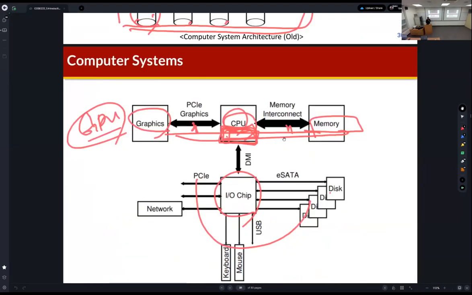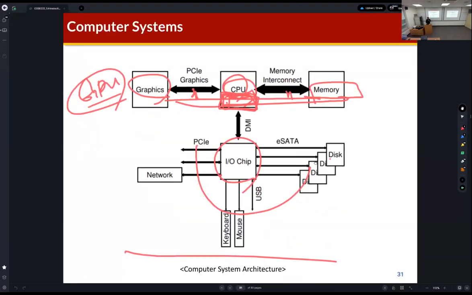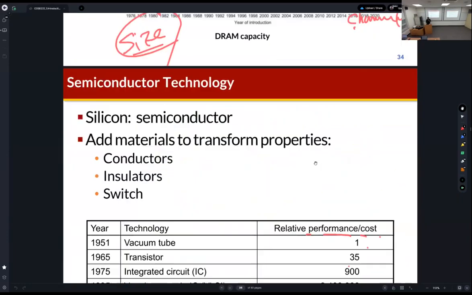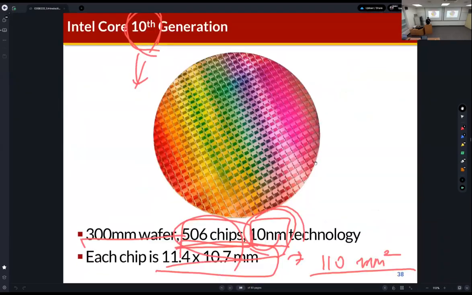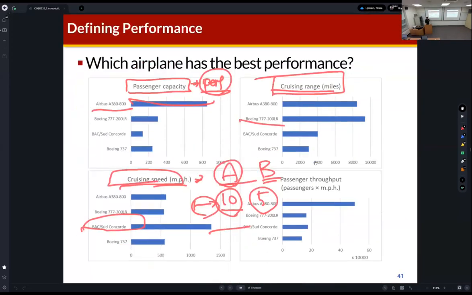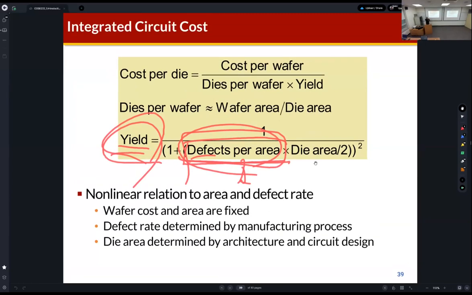Okay. And then I also briefly explained how typical computer systems are organized. And I also covered some semiconductor technology and processor technology. Okay.